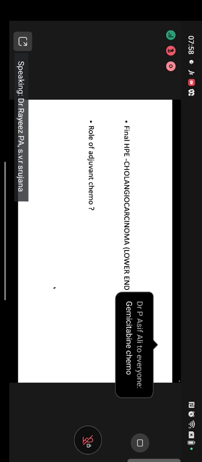Anybody? For most periampullary lesions, we still proceed with postoperative chemotherapy, sir. So anybody who is more than T1 cholangiocarcinoma, we have to go for adjuvant chemotherapy. Which chemotherapy? Gemcitabine-based. Right. Okay. Good.